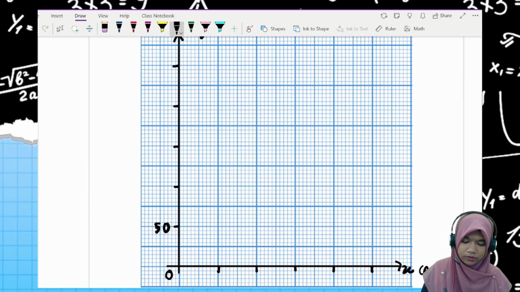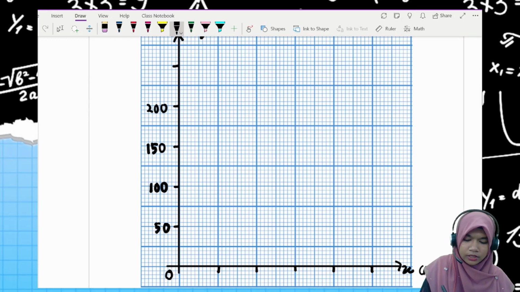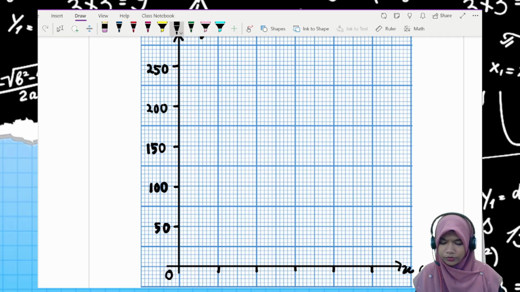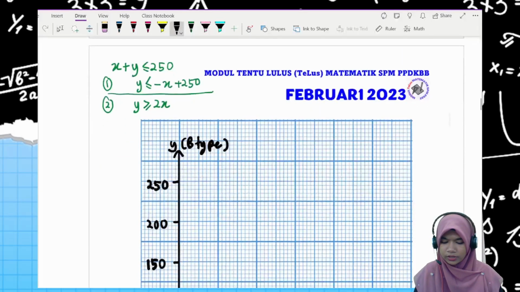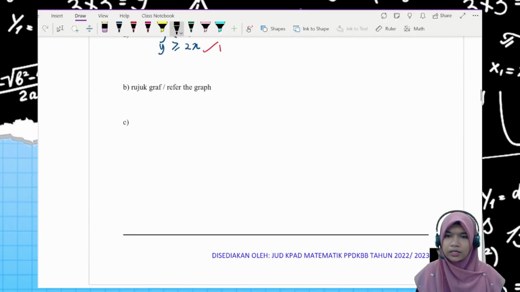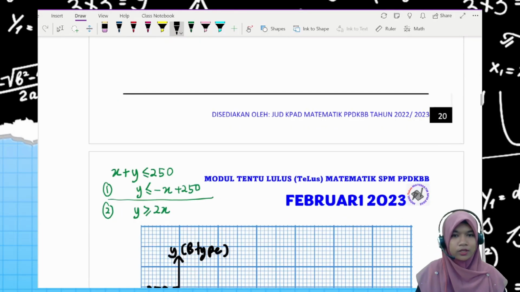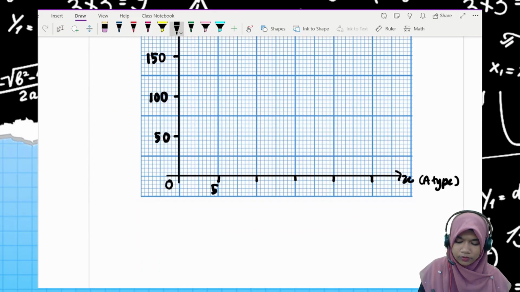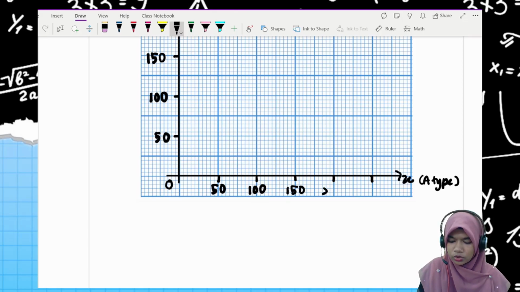So this one 50, 100, 150, 200, and here is 250. And for type A, the x-axis also 250. So 50, 100, 150, 200, and 250.